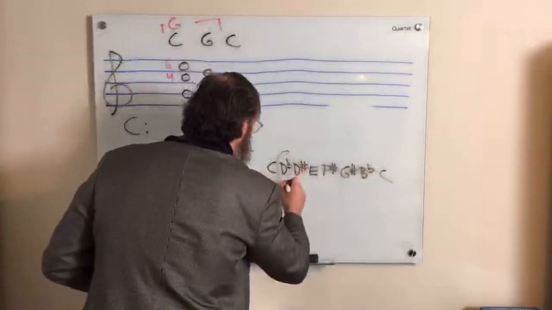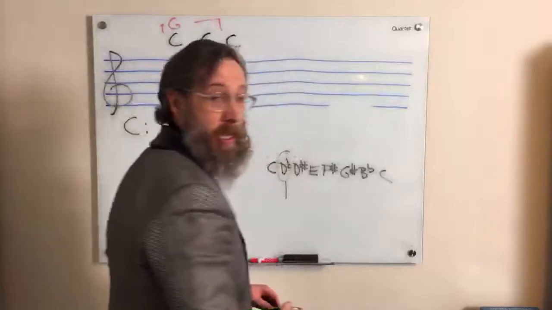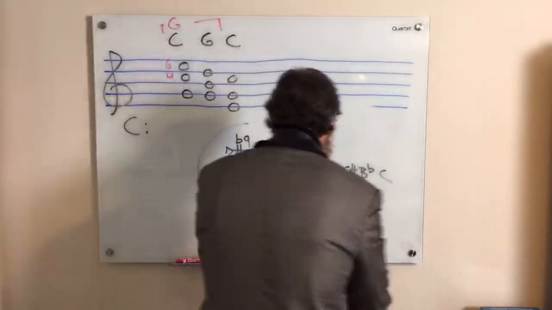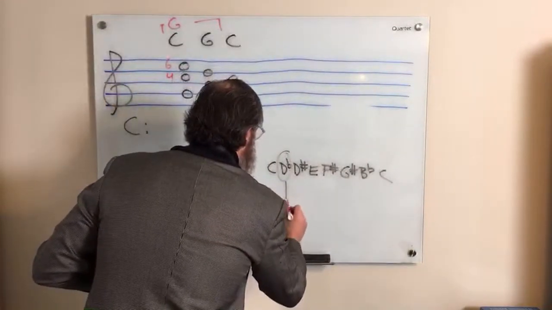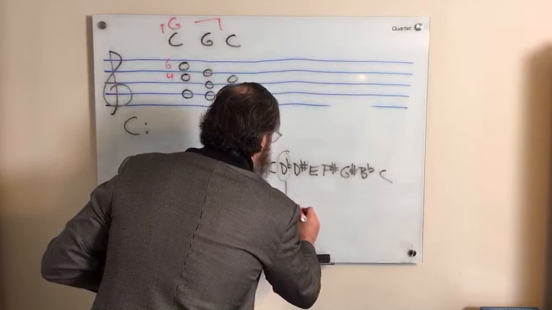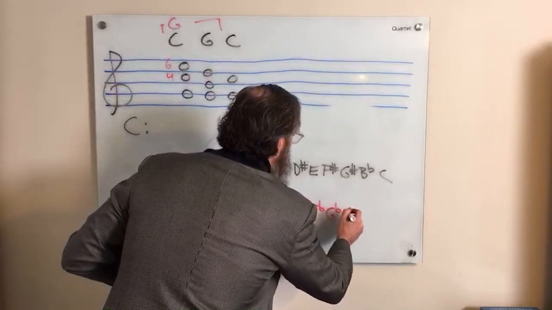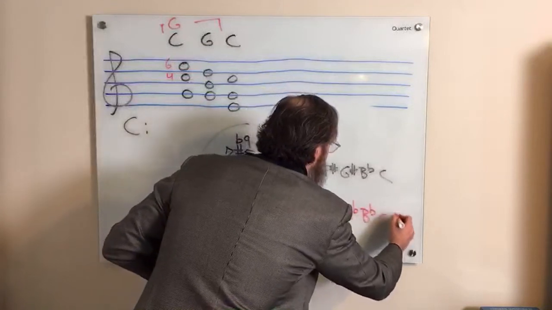Which is, if I were to rewrite this, and I'm running out of my black marker, which I guess is good. It means we've covered a lot of great stuff. D flat, E flat, F flat. I'm going to rewrite it enharmonically so that you can see it. B flat, C, D flat.